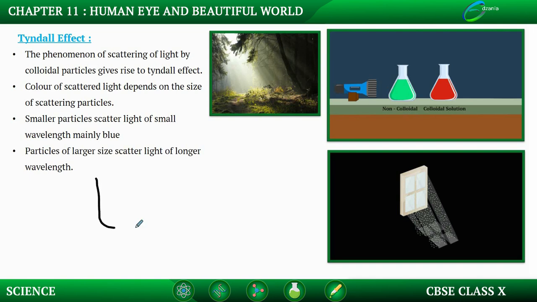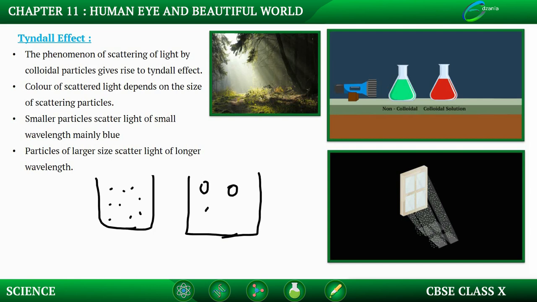This we can understand simply if light is passing through a medium where the particle size is very small, and we see another one where the size of the particle is a little bigger. So what will happen if we try to understand the concept of color of scattered light with the analogy of the size of a stone and the insects passing through?